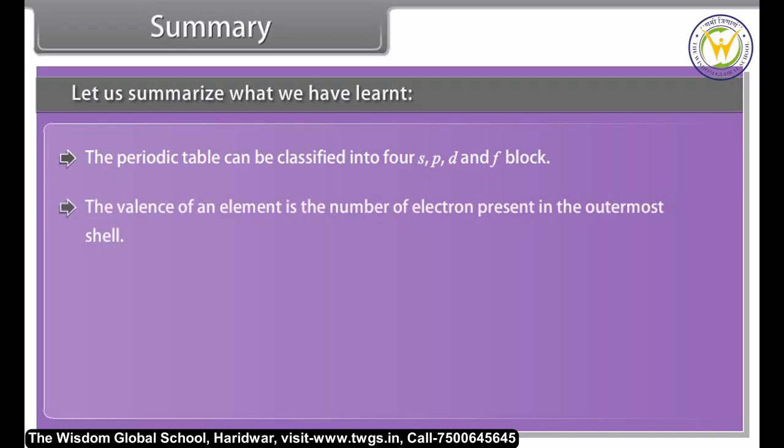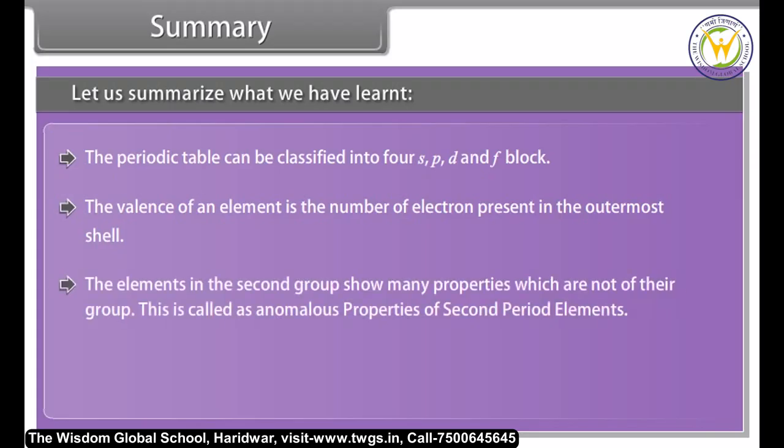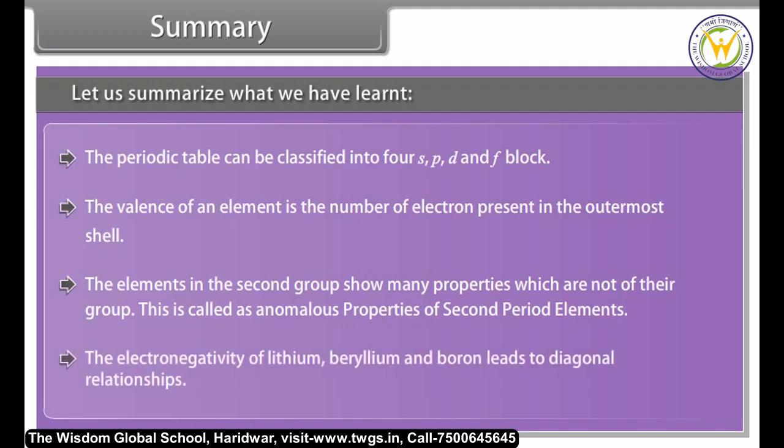The valency of an element is the number of electrons present in the outermost shell. The elements in the second period show many properties which are not found in their group. This is called anomalous properties of second period elements. The electronegativity of lithium, beryllium and boron leads to diagonal relationships.